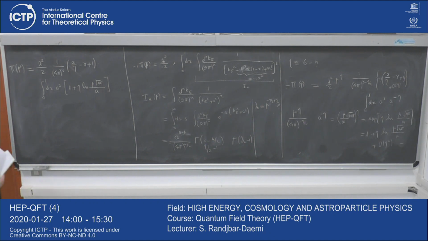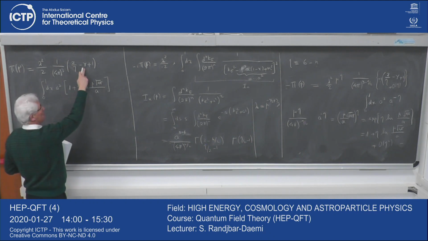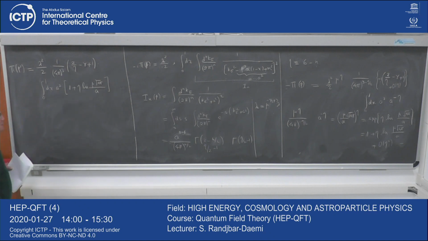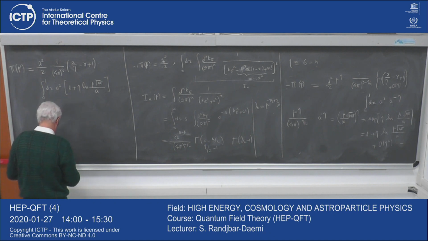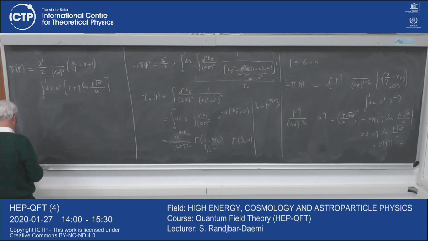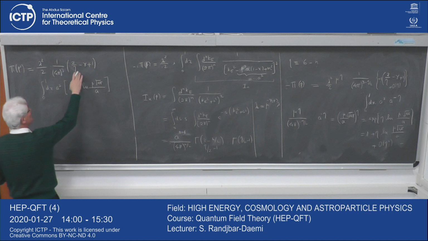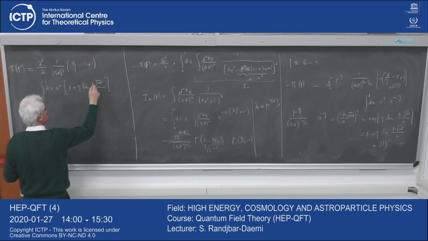Now this gamma itself also can be written as the exponential of the logarithm of gamma, etc., which can be absorbed in here. So I'm going to drop that constant and put the gamma here, exponential of minus gamma.